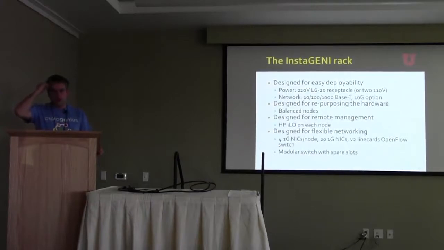The design space that the InstaGENI racks go for is to make them relatively easy to deploy and relatively cheap so that we can deploy a lot of them. So under funding from the NSF through the GENI project office, we're deploying approximately 30 of these things at campuses around the country. And there are a number of other campuses who are actually just going off and buying their own and sticking them on their campus.